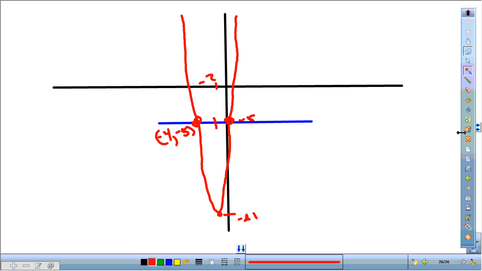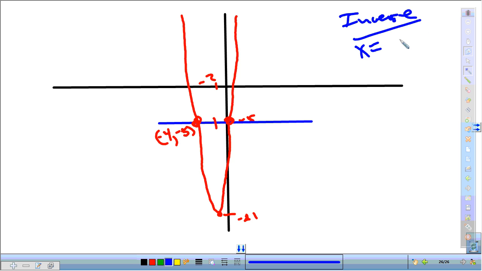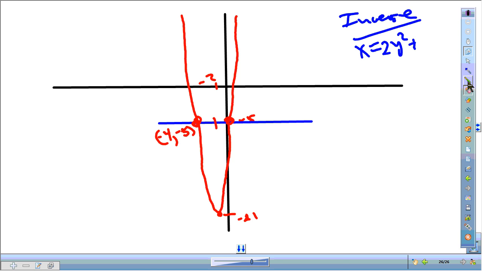If I wanted to look at the inverse relationship, that would have been x is equal to 2y squared plus 8y minus 5.